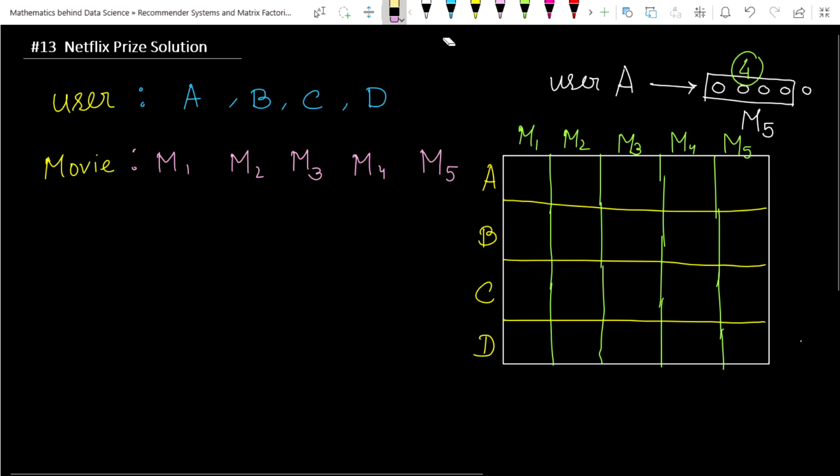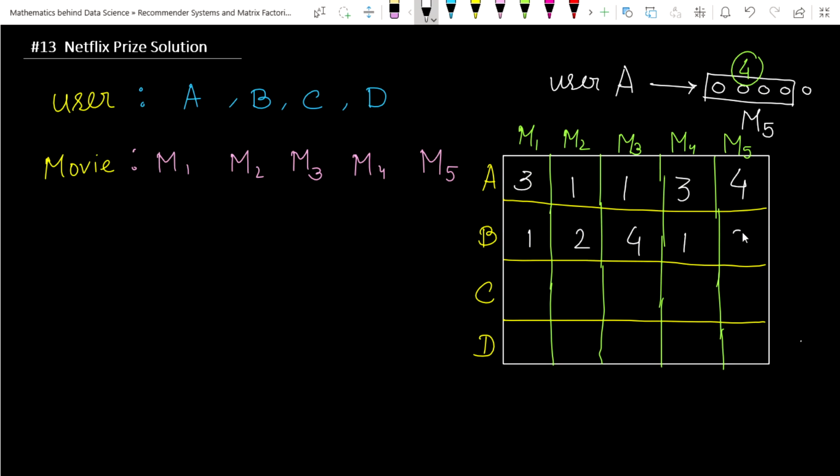Suppose the first user gives the rating like this. Okay, so this means user C gives the rating 3 for movie 4.